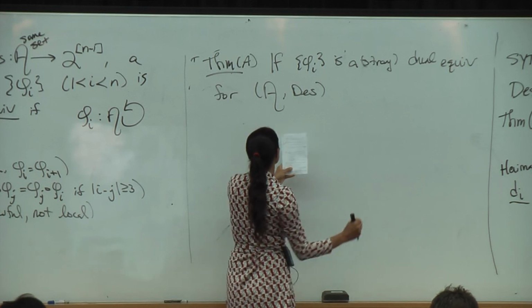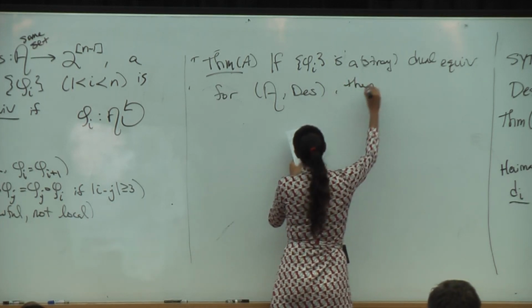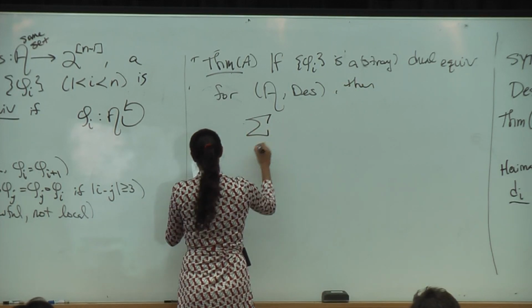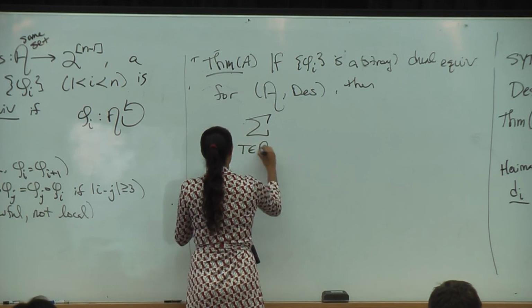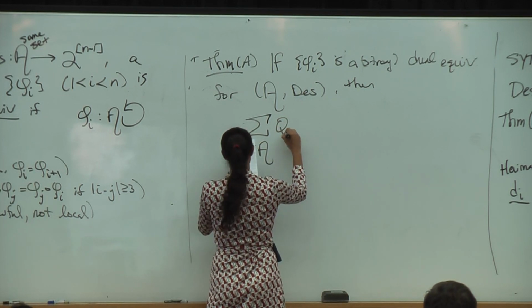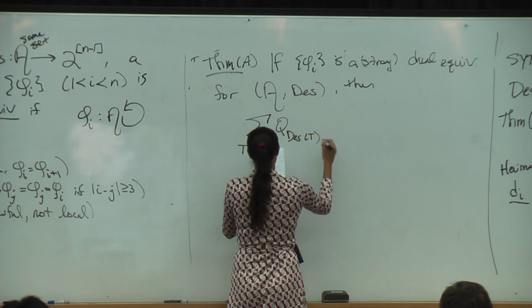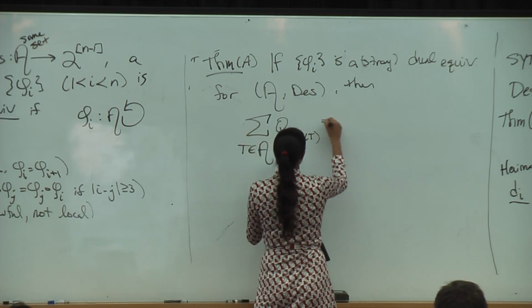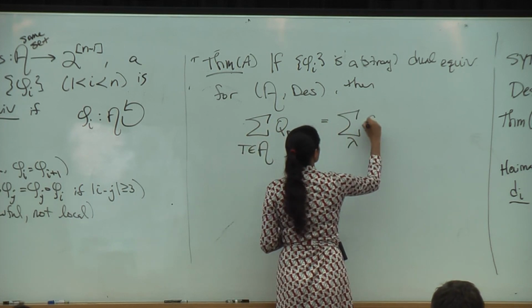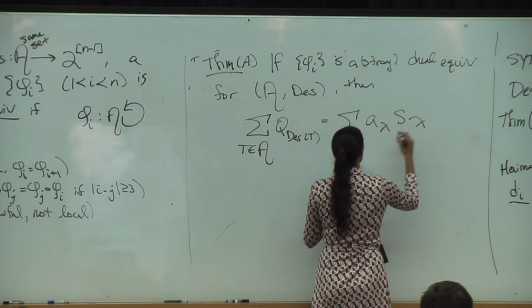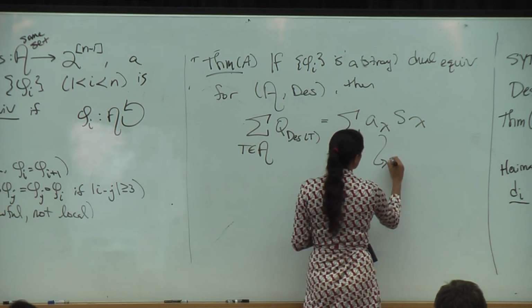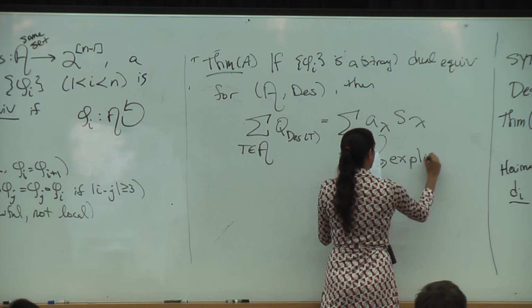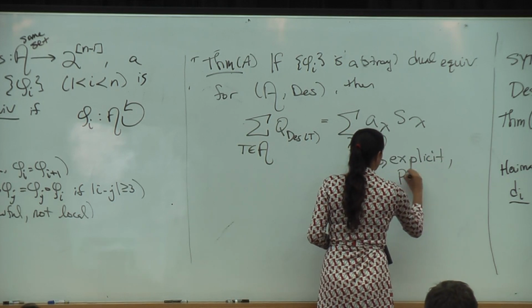If you have a strong dual equivalence, then if you sum over everything in your set of Q to the des of T, it breaks apart really nicely in terms of Schur functions: the sum over lambda of A_lambda times S_lambda, where this guy is going to be explicitly positive.